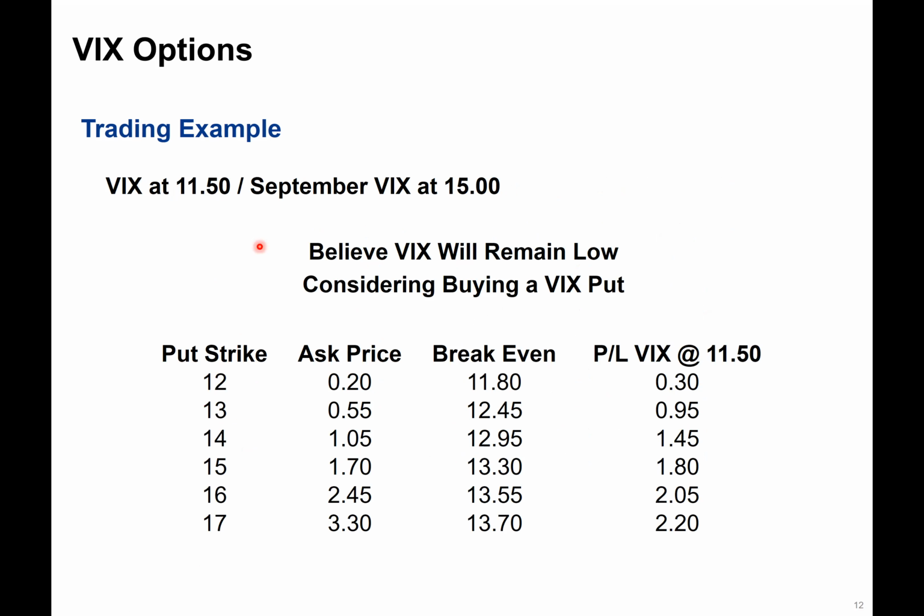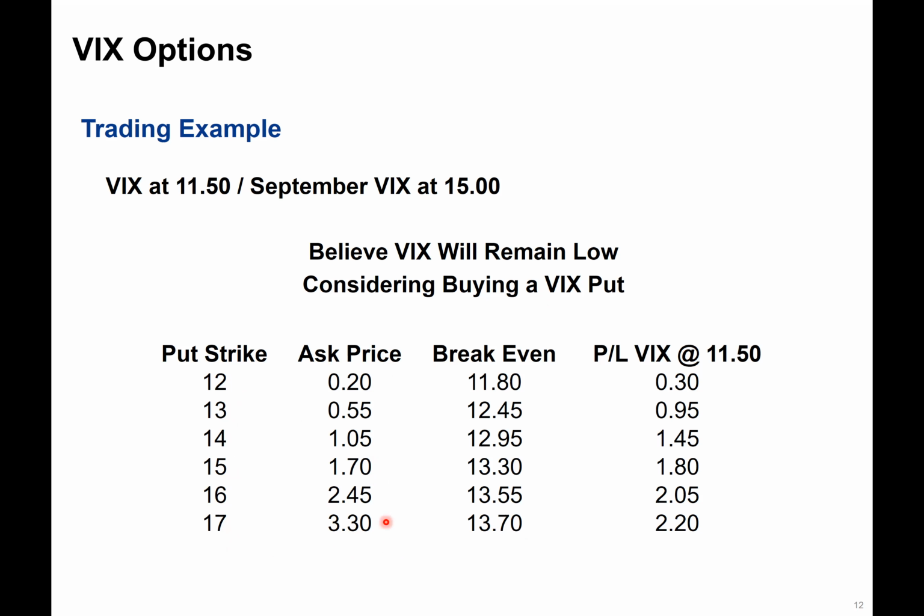So I'm going to give you an example around this. Let's say, based on all that pricing that we just had, we think VIX is going to remain low, and we're thinking about buying a put option on VIX. Well, here's the offer price for the 12, 13, 14, 15, 16, and 17 put options on that date. And here's the break-even price for each of these.